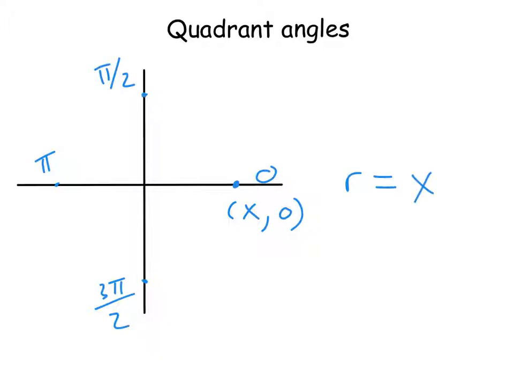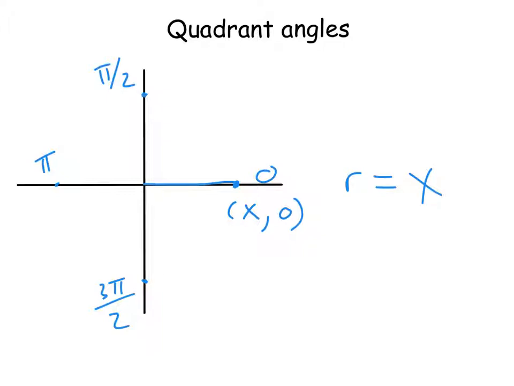R would then be the exact same thing as x, okay? Which actually fits the definition of r, which is that from the point that determines your angle, it's the distance from that point to the center. If you're at 0 radians, that distance r and your x coordinate just happen to be the same number, okay?